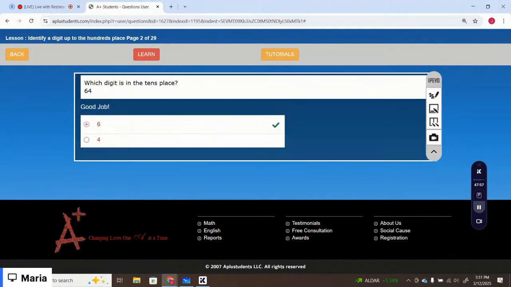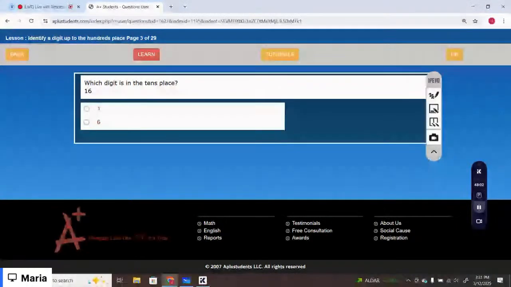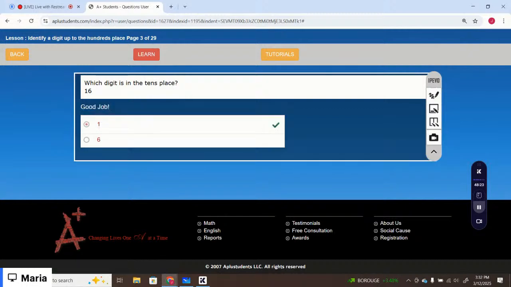The digit at the tens place is 6. Which digit is in the tens place, which is the correct option? The digit that is at the tens place is one.